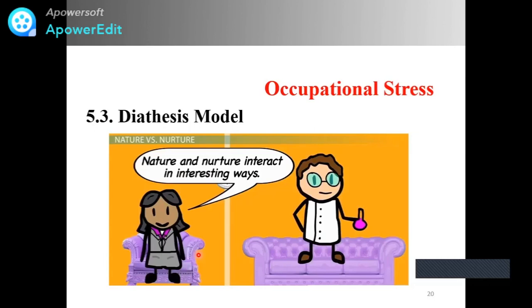Then Karasek's stress model. This model makes a distinction between stressful conditions and individual strains. Strains can be mental, physical, emotional, and most of the time, these strains change from person to person.